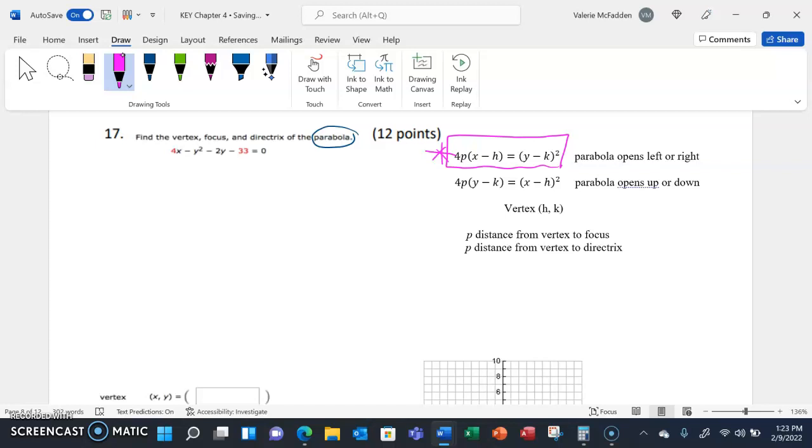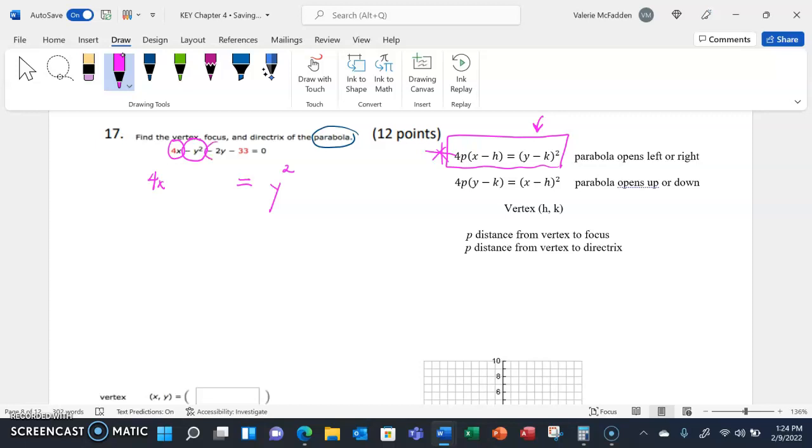We're going to leave the x's and the constant on the left side of the equal sign. We're going to move all of our y's to the right side. So I'm going to leave the 4x on the left side. Here's my equal sign. I'm going to add y squared, so it becomes positive y squared on the right.